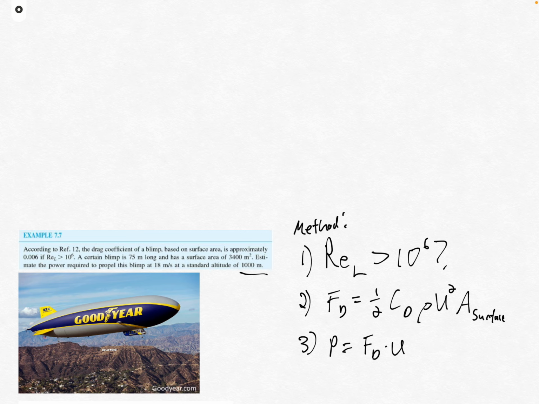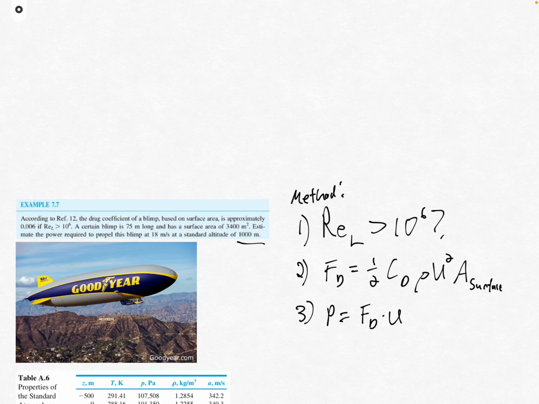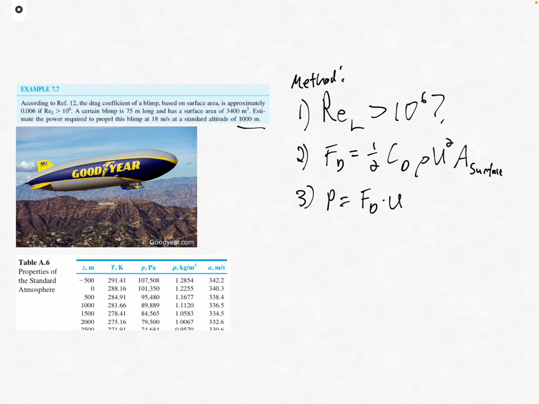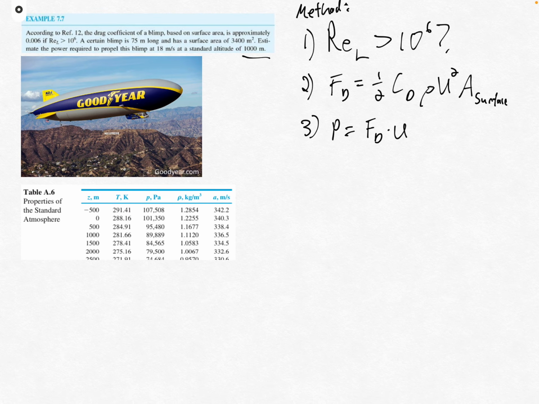But to get started, we have to compute that Reynolds number. Since we know that we're at an altitude of 1,000 meters, we can go to Table A6, which tells us properties of the standard atmosphere, because we're trying to find Re based on L, which is going to be U times L times rho over mu.